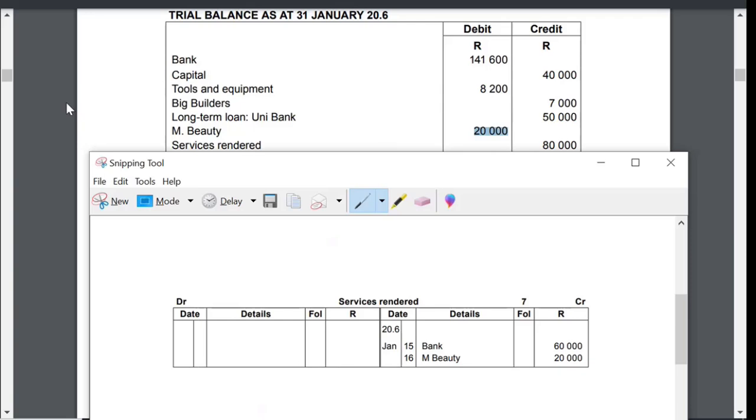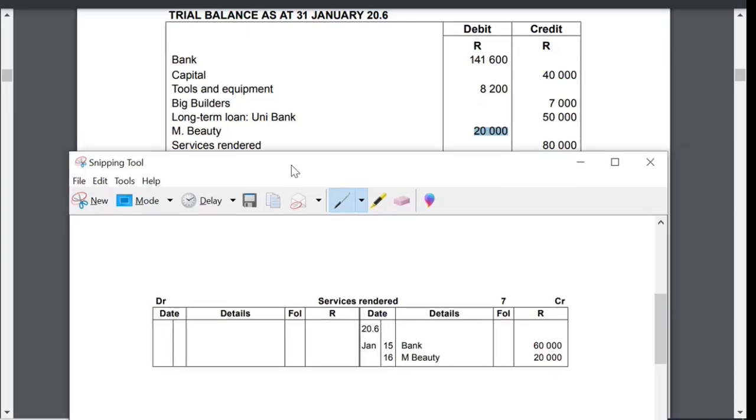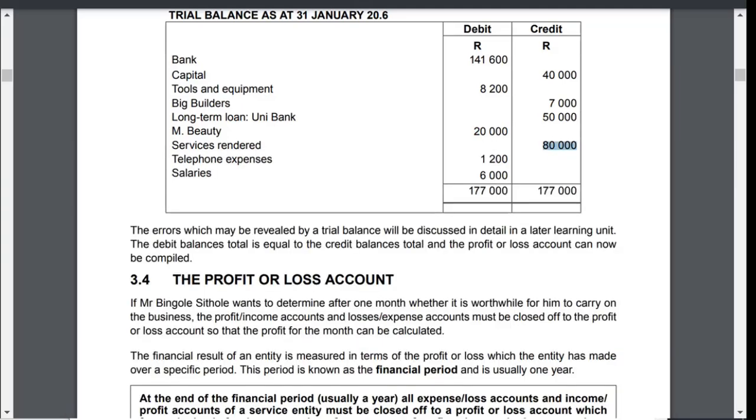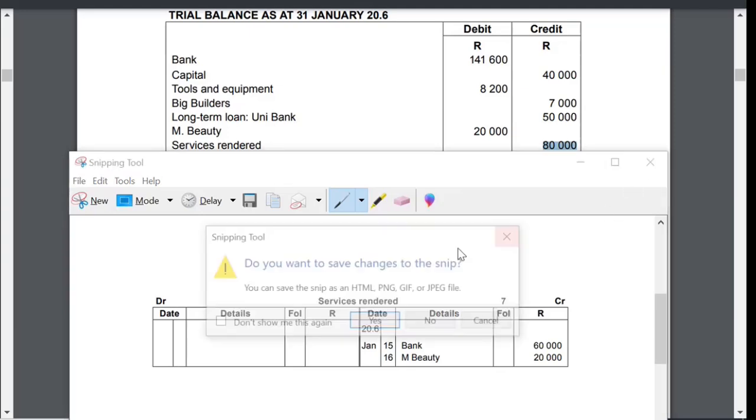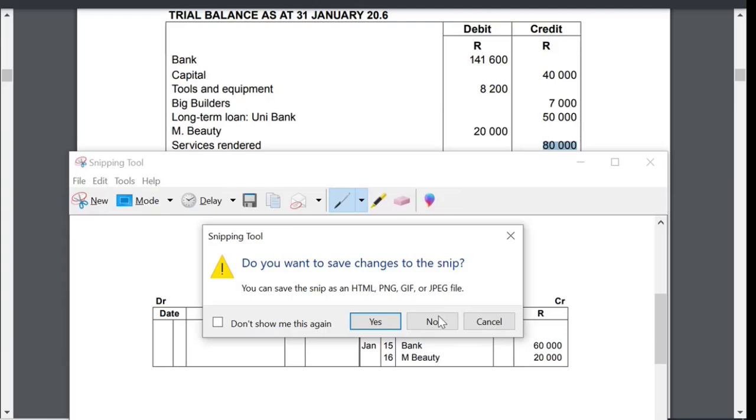It's the 60,000 cash and the 20,000 on credit, which makes 80,000. Can you see that it's on the credit side of the general ledger and also the credit side on the trial balance?